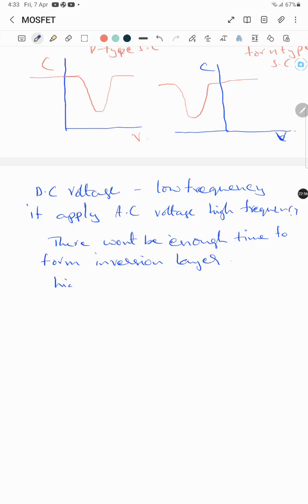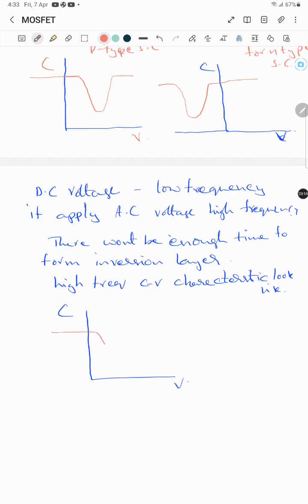So the high frequency CV characteristics look like this. This is C, this is V, and the high frequency CV characteristics look like this. This is high frequency.